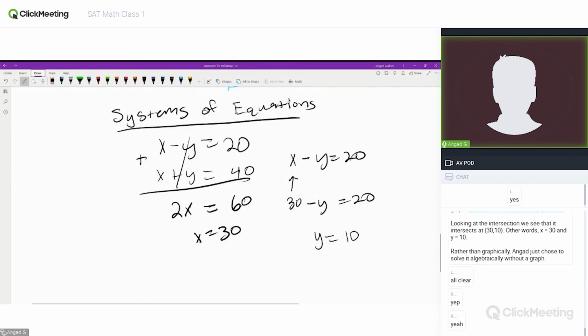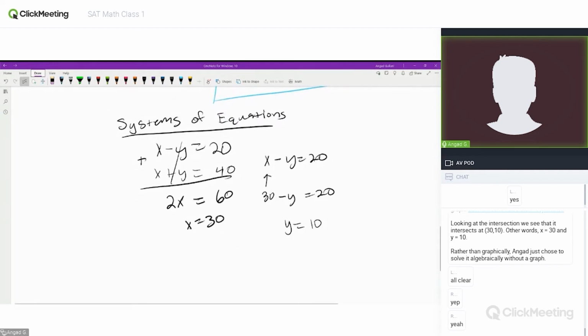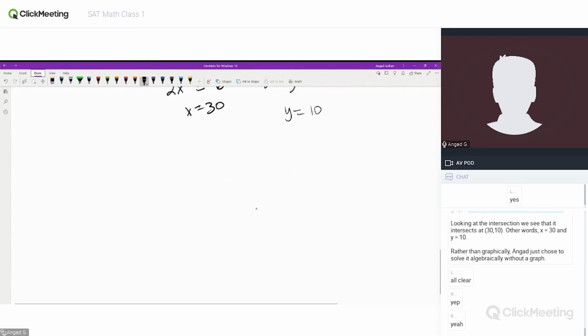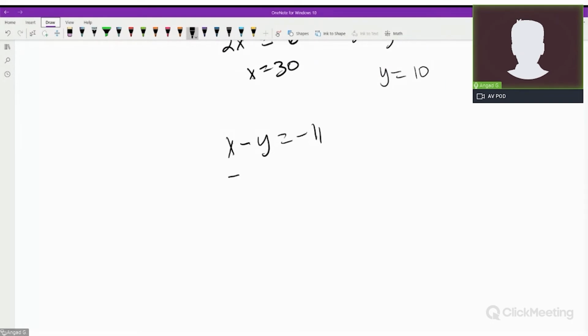All right, that's a very basic way. So let me find a quick question. One second. Let's say we have, I want you guys to solve this for me. Let's say we have x minus y is equal to negative 11 and 5x plus 2y is equal to negative 18. I want you guys to tell me in the chat what you get for x and y.